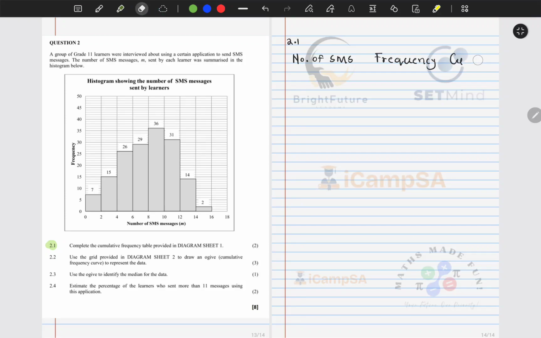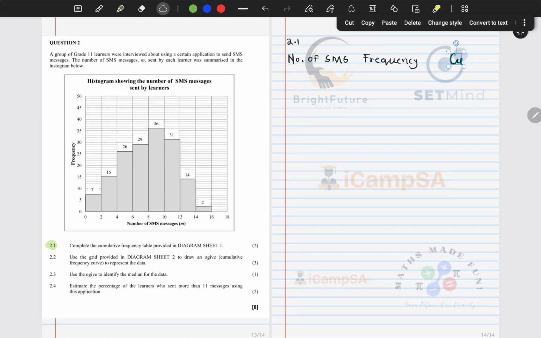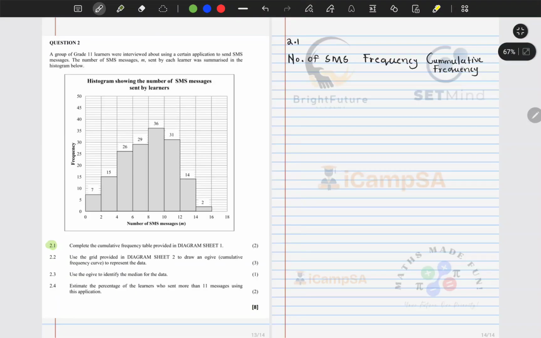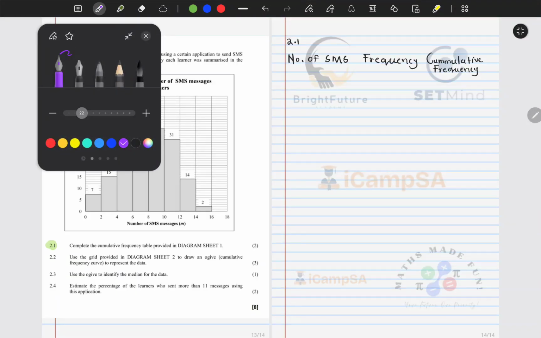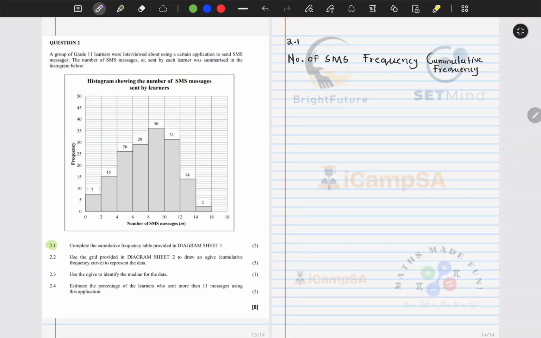frequency. So let's create some space. We have the number of SMSs, the frequency, then the cumulative frequency. So let's zoom in and write this. For the number of SMSs, we have 0 and 2, so let x be bigger than 0 but less than 2.